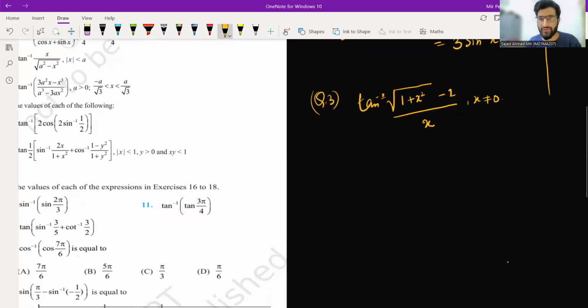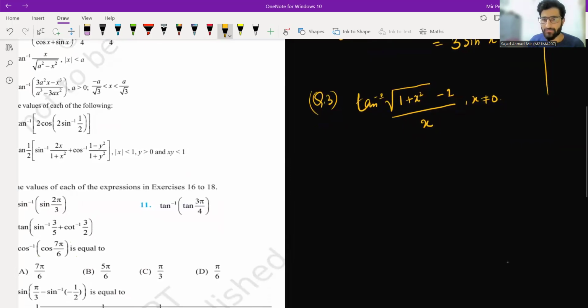So how do we simplify this? We know the identity 1 plus tan square theta is sec square theta, right? Let's put x is equal to tan of theta here. What do we get?